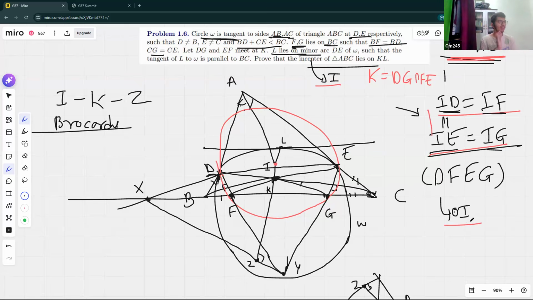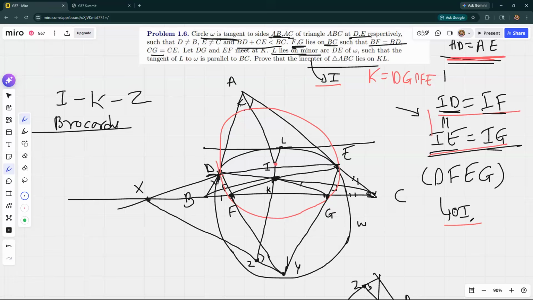So now any ideas? How can we prove L? L is a weird point. Can we look for another circle so we can try radical axis? Or can we use homothety, sending the incircle to omega?